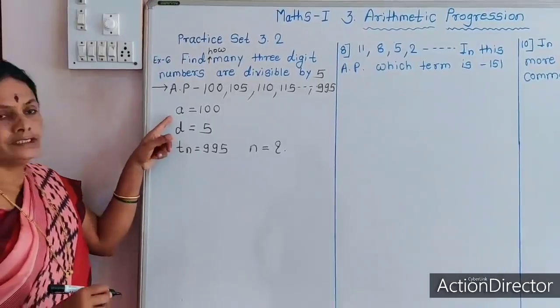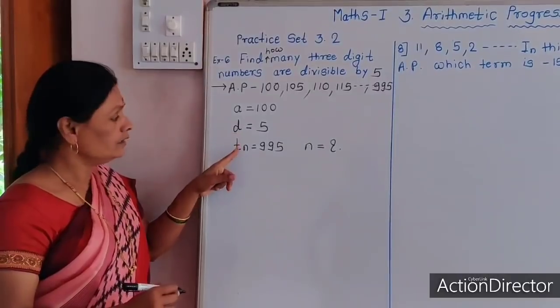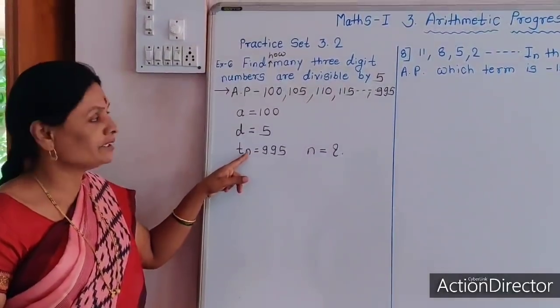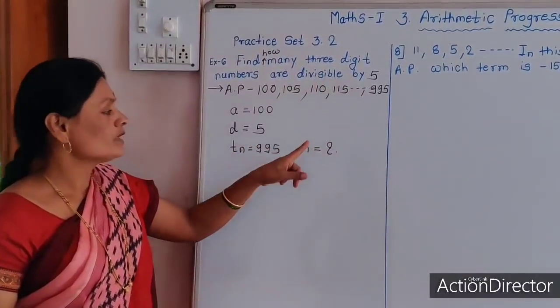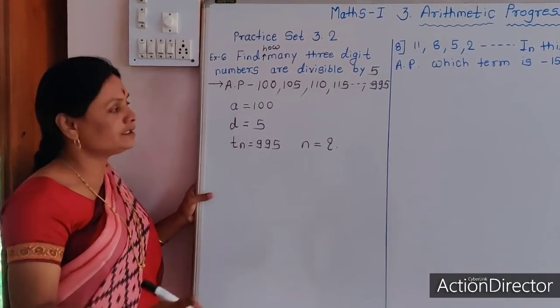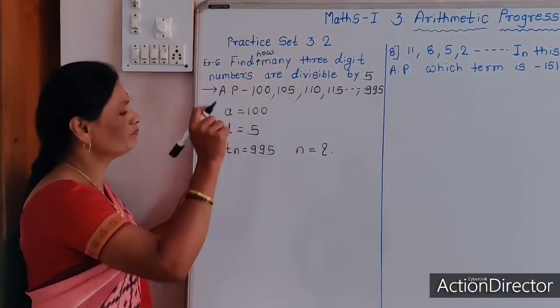Which things are given? A is given, D is given, and Tn, the last term, 995, is given. We have to calculate how many 3-digit numbers, that is, n is equal to.